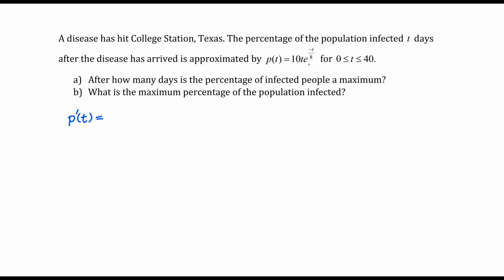So we have t times 10t, so copy the factor, 10t, times the derivative of e to the negative t over 8.